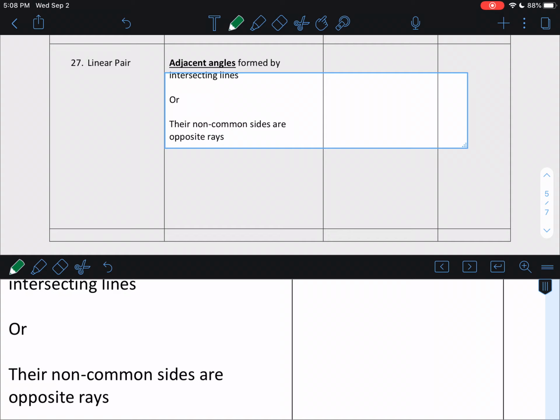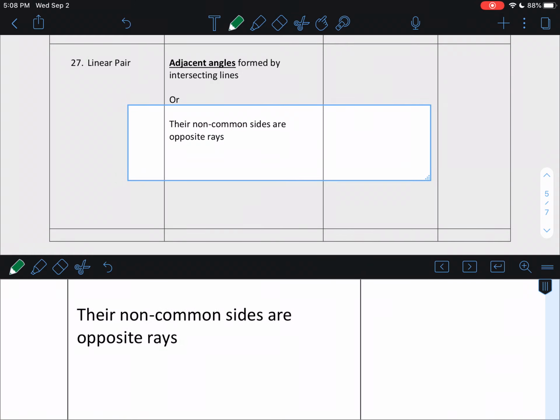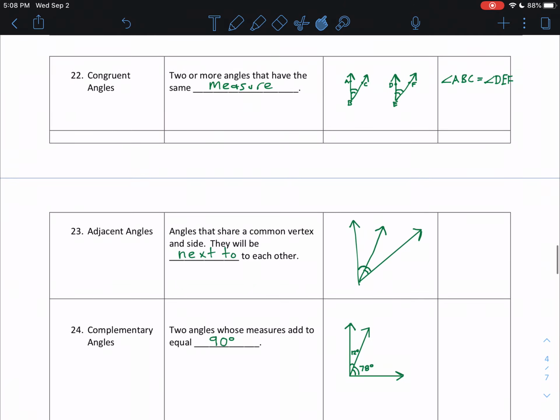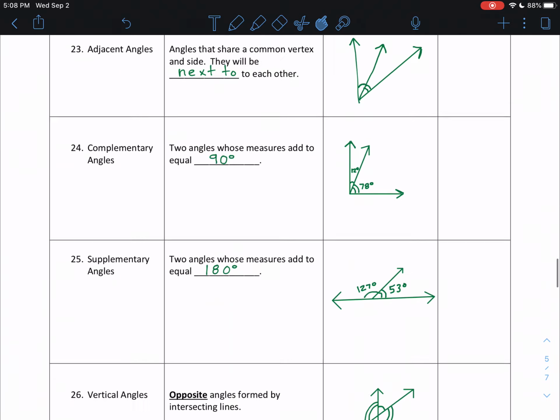Yeah, okay. So basically, what this part means, the second part, the non-common sides are opposite rays. Remember, opposite rays form a straight line. So that's basically like saying, which one was it?